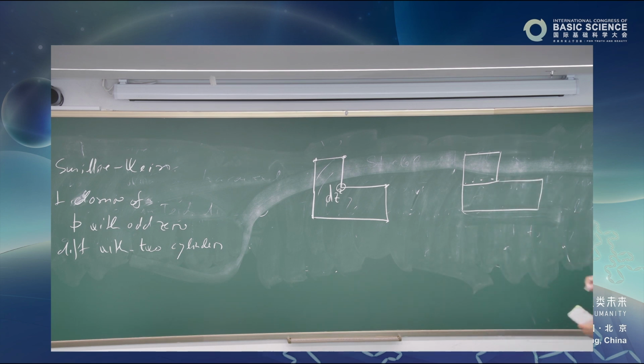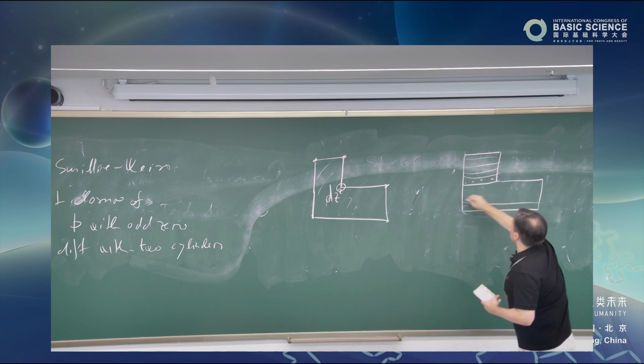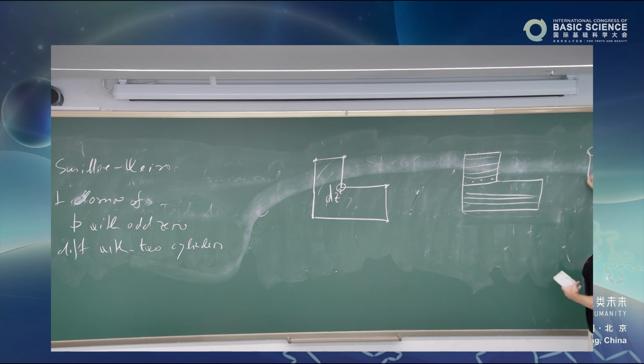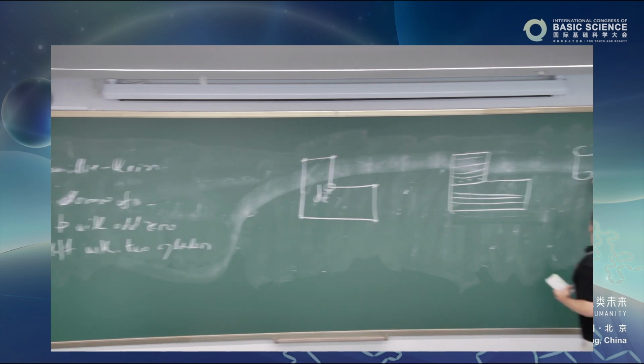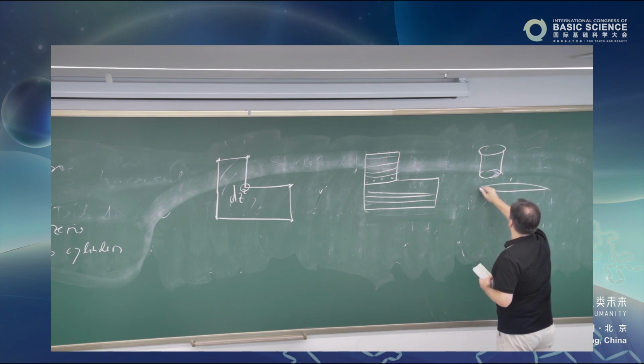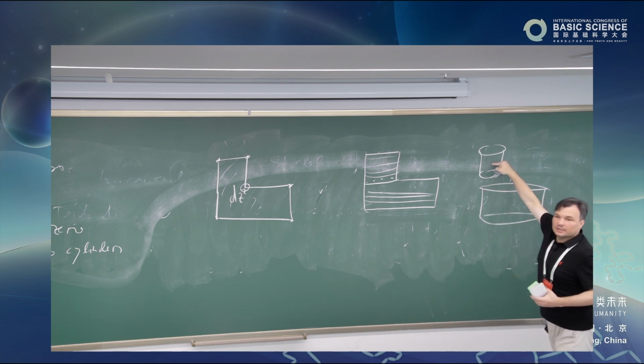Okay, so this is one cylinder, and this is the other cylinder. You have 2 cylinders. So maybe I'll draw one cylinder here, and the other cylinder here. And they are glued here.